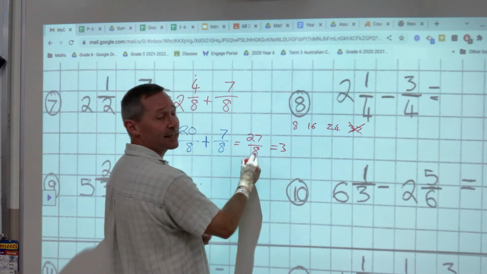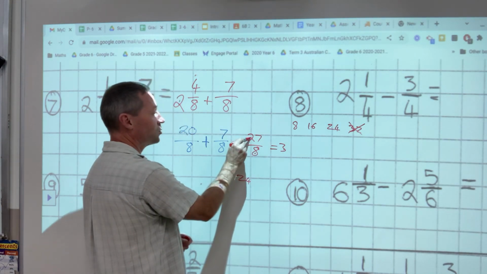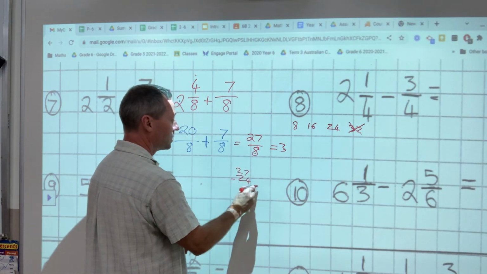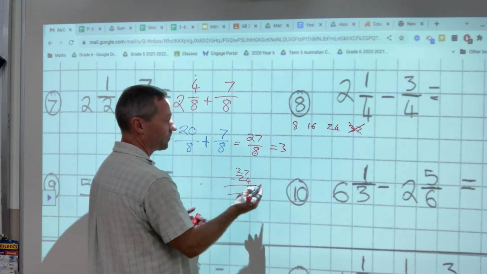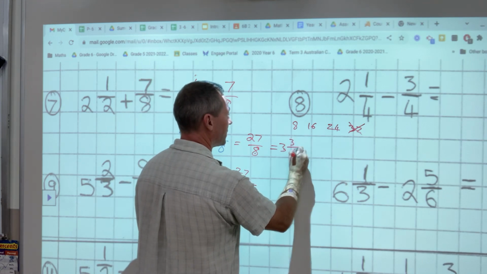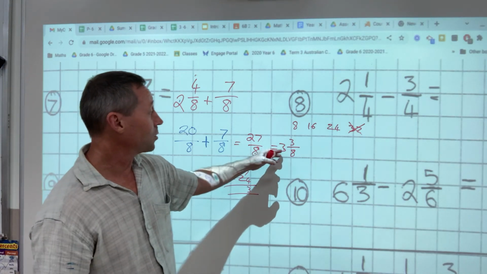And I think 3 times 8 is 24, and then 27 minus 24 gives me 3. So I'll have 3 left over. So same answer, 3 wholes and 3/8.